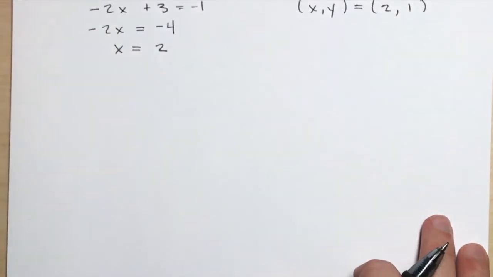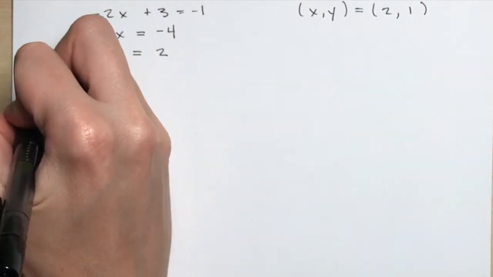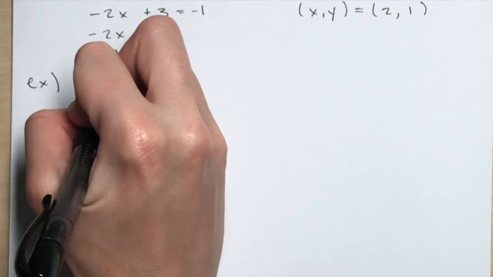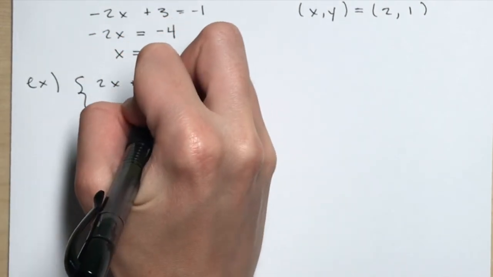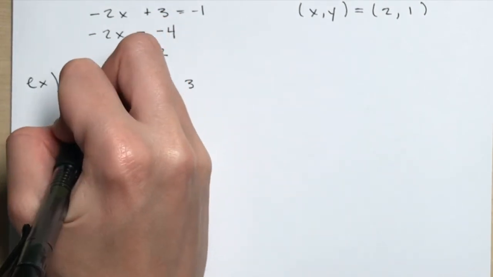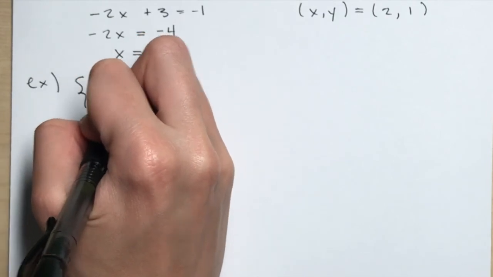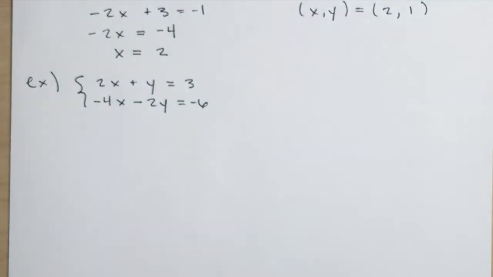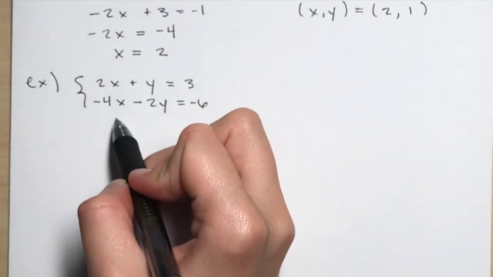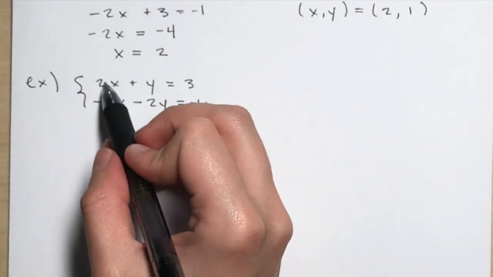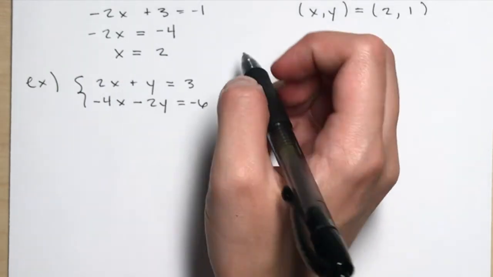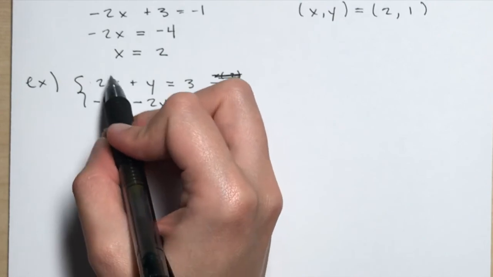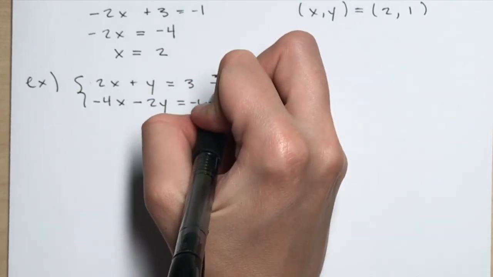Okay, next question. Let's say I've got 2x plus y equals 3 and negative 4x minus 2y equals negative 6. Well, what can I multiply to get equal coefficients with opposite signs? Looks like this guy's already positive and this guy's negative, so all I have to do is multiply this by 2.